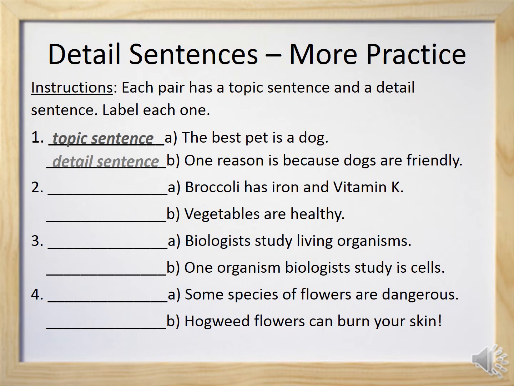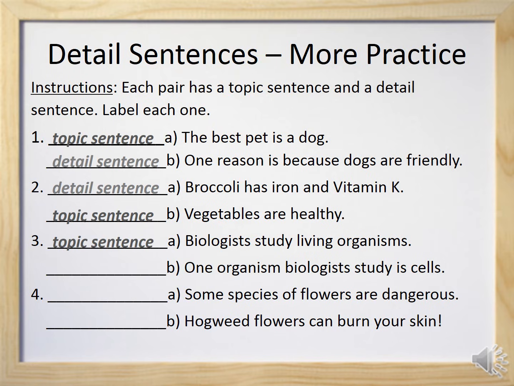Number 2, A is a detail sentence and B is a topic sentence. Why? Because detail sentence A, broccoli has iron and vitamin K, gives us an example that helps explain the topic sentence B, that vegetables are healthy.